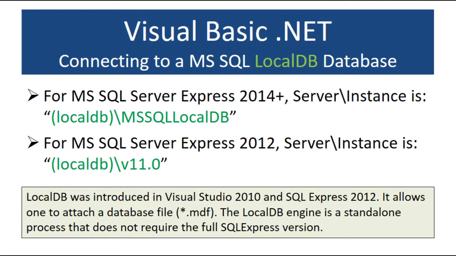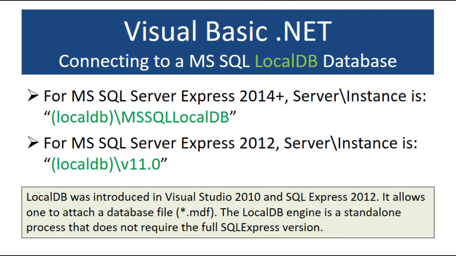Now, if you happen to have the older 2012 Express, there's where you use /V11.0. And you would think that as you go from the 2012 version of Microsoft's SQL Server Express to the 2014 or 2016, that version number would change, but in fact they changed it over to use MS SQL LocalDB for the instance name.